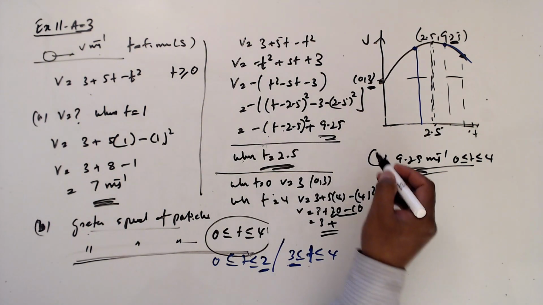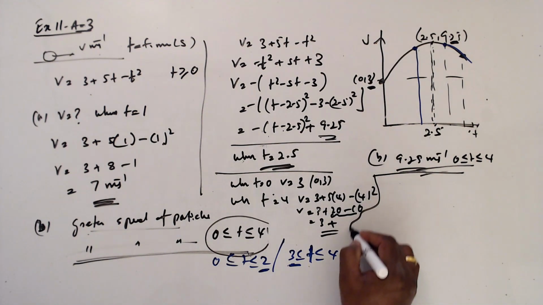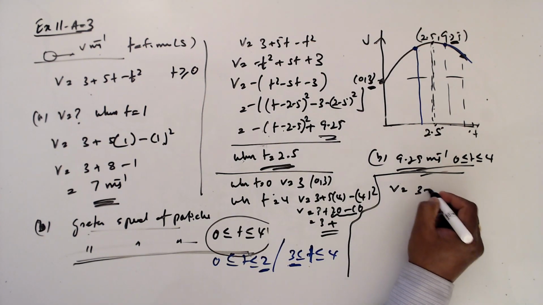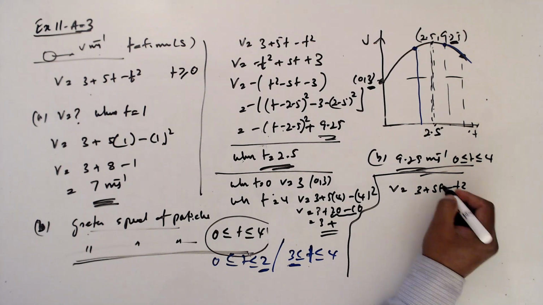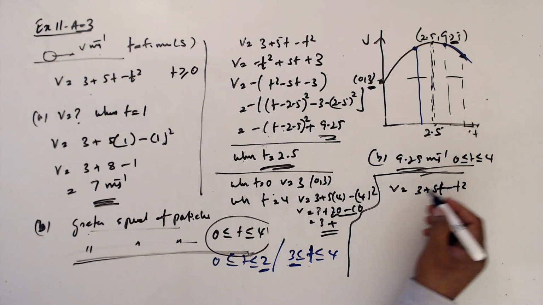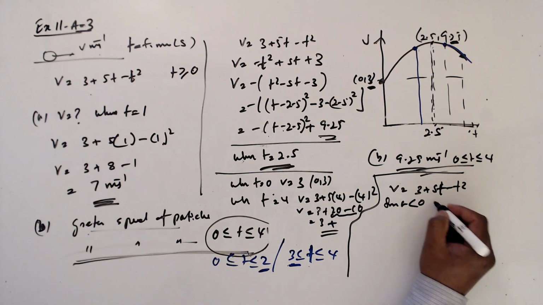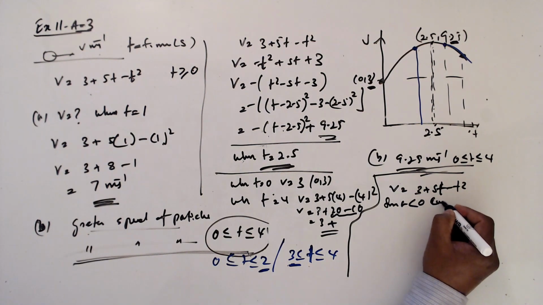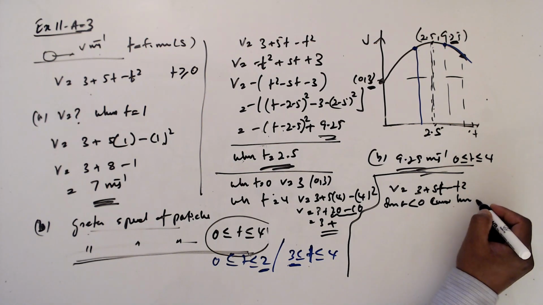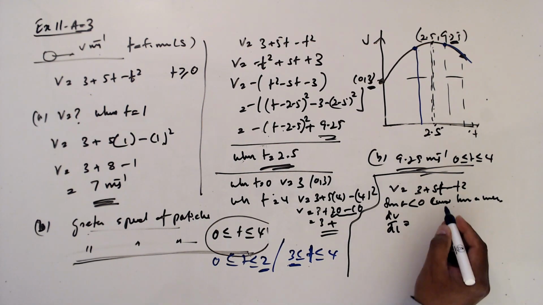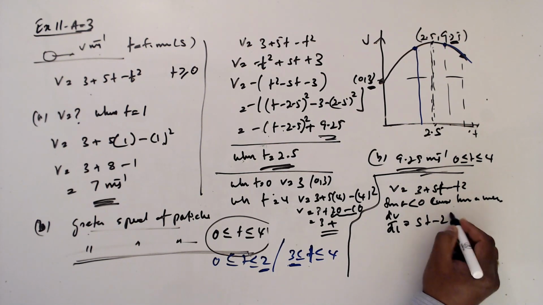Instead of the completing the square method, we can find it with differentiation of 3 plus 5t minus t square. We know it is a maximum since a is less than 0, the curve has a max. Then dv over dt is 5 minus 2t.